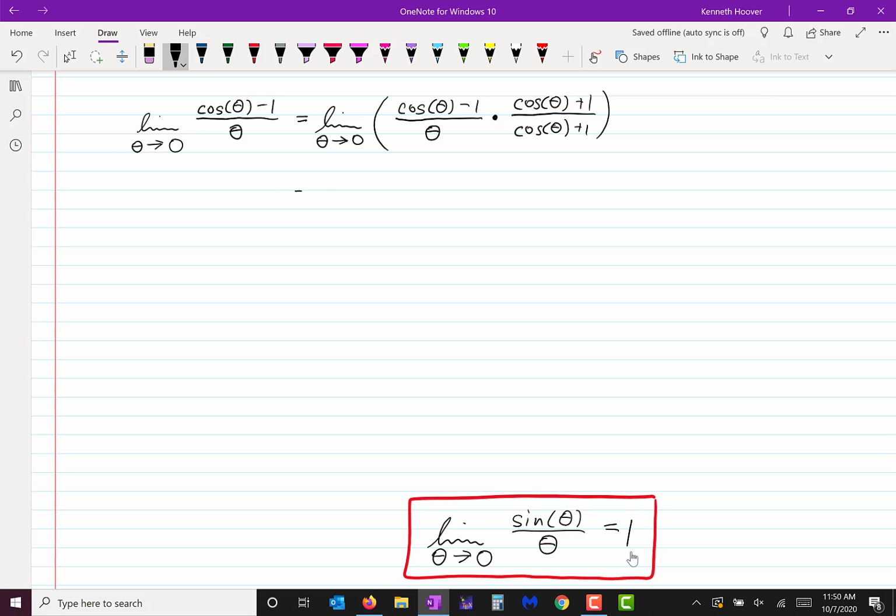Now let's do that multiplication. And what do we get? On the top, we'll get cosine of theta squared minus 1. And on the bottom, we get theta times cosine of theta plus 1.